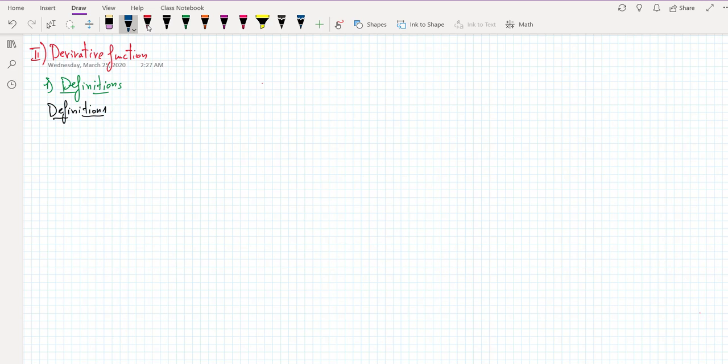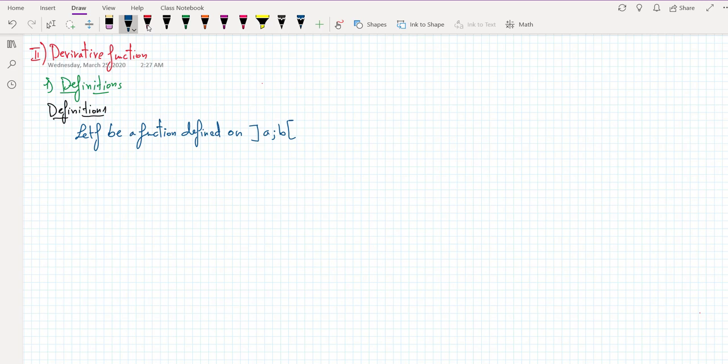So let f be a function defined on an interval AB open.